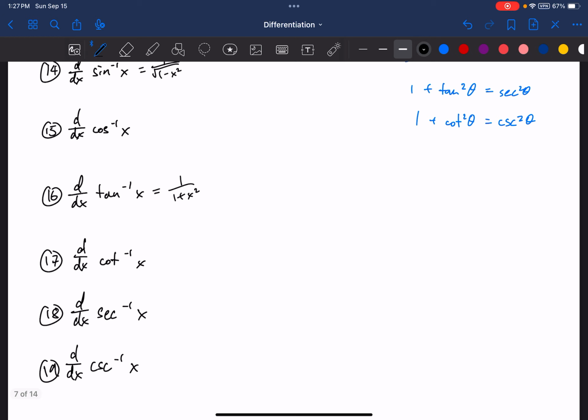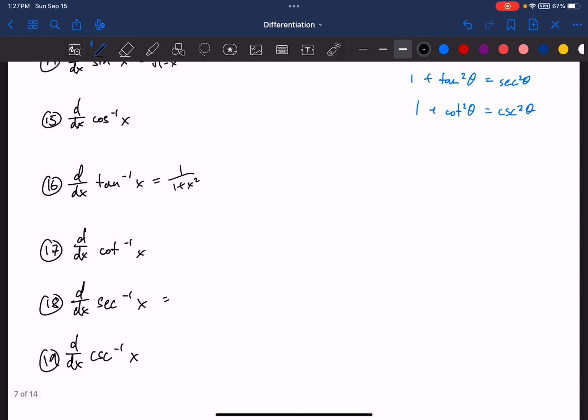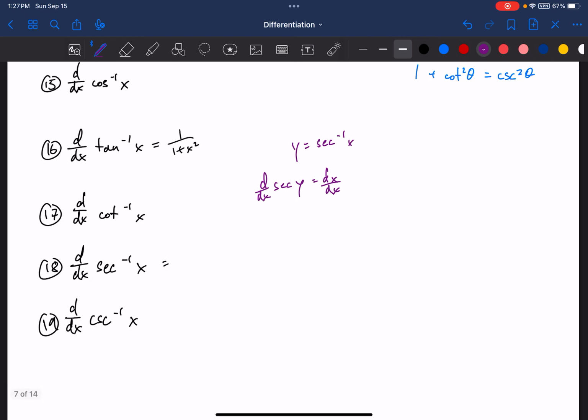Okay, next one, y equals arcsecant x. Same thing, take secant on both sides. It's just x. I differentiate both sides. This I would get secant y tangent y dy dx.